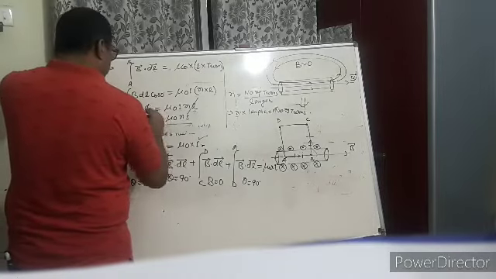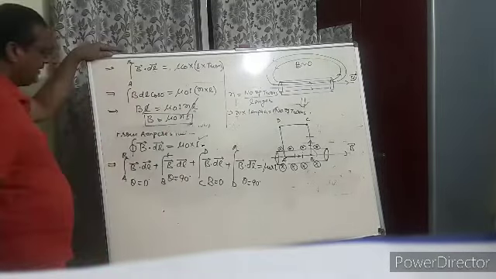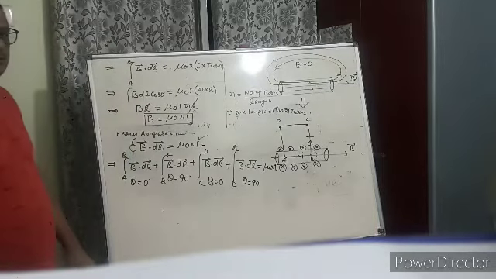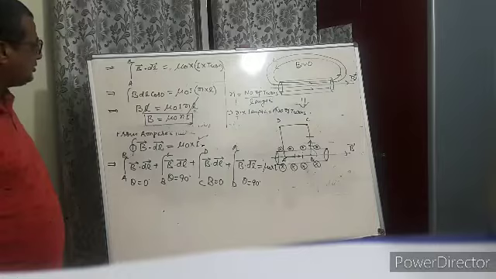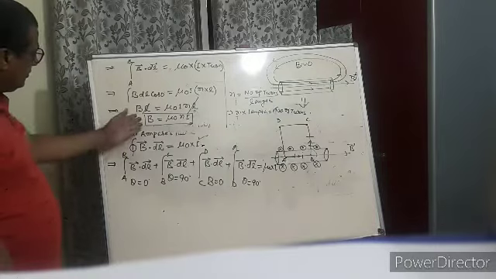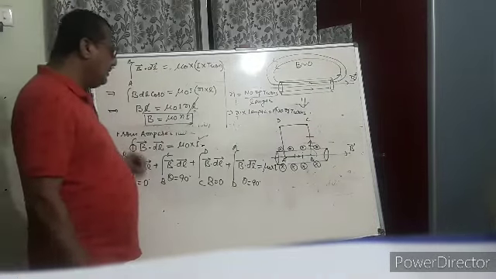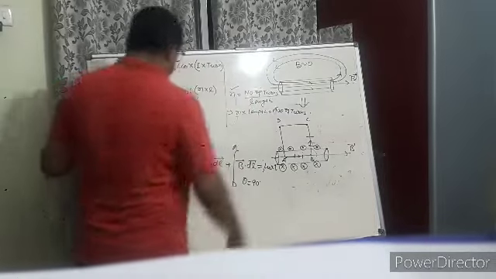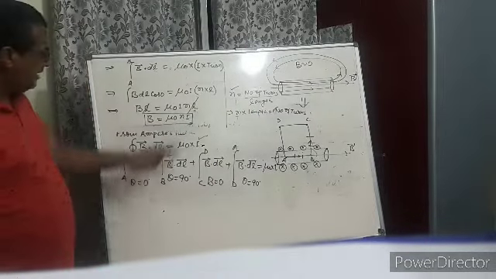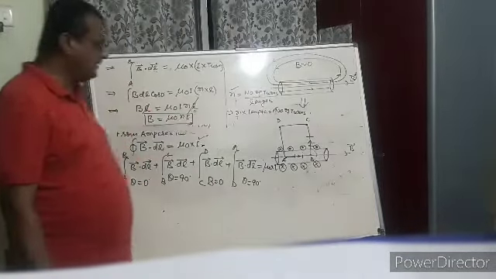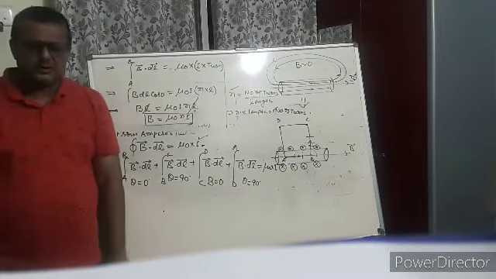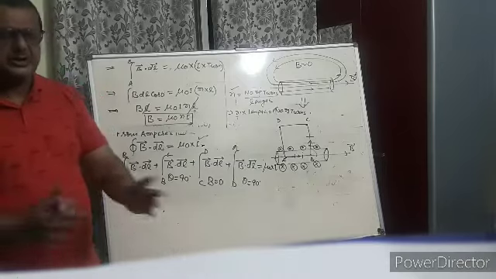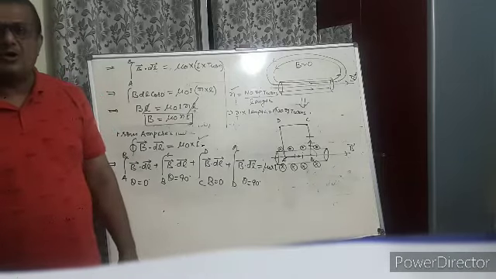This is the magnetic field due to current passing through each turn. So B equals mu naught n I, and this n you have to remember is not the number of turns, n is the number of turns per unit length. I think that is clear? So simply you have to know that a solenoid is a combination of circular turns on a core.